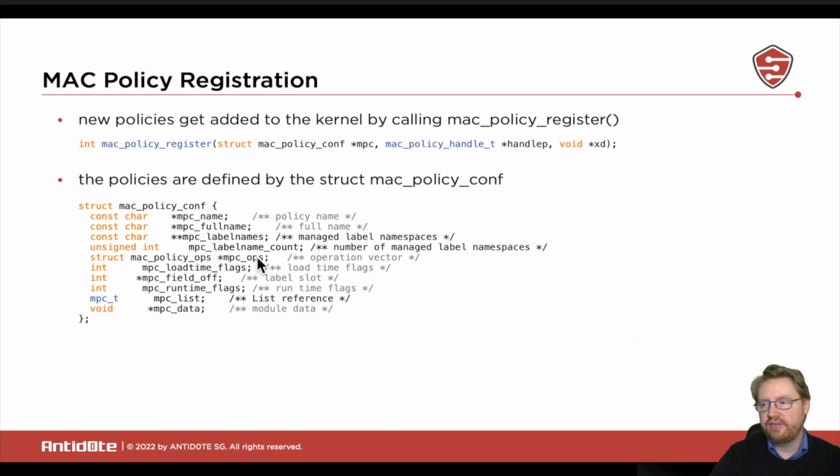And then this here is basically a pointer to a big table of all the operations. Of course, your driver has to fill out all the hooks that it wants. The rest needs to be null so that nothing will happen in these not hooked cases.